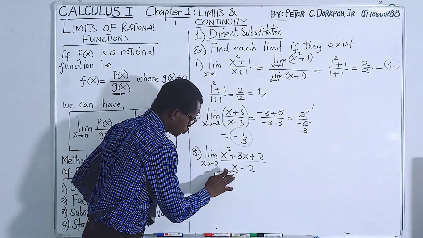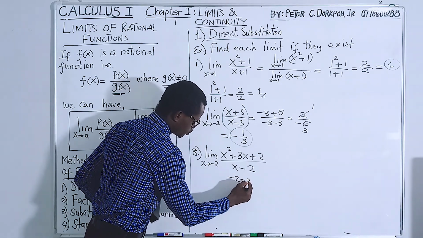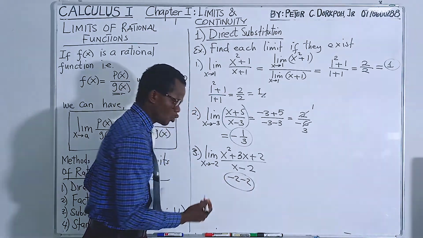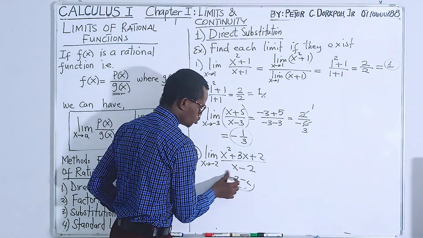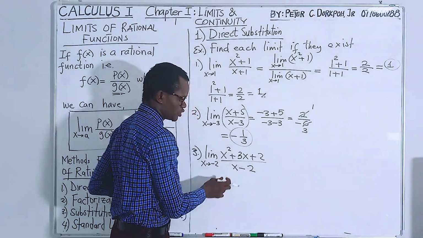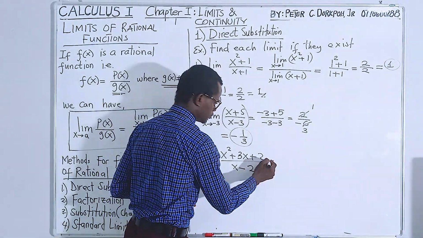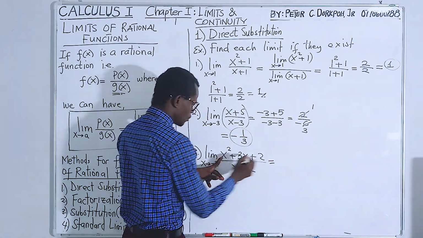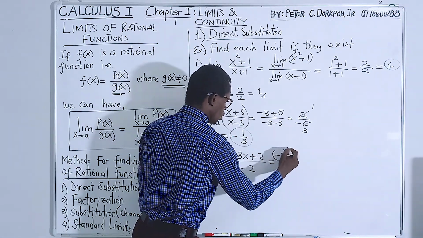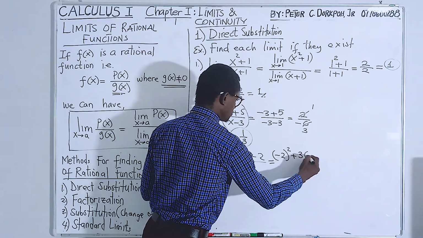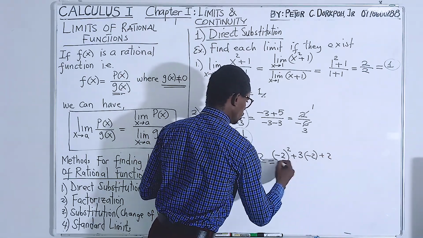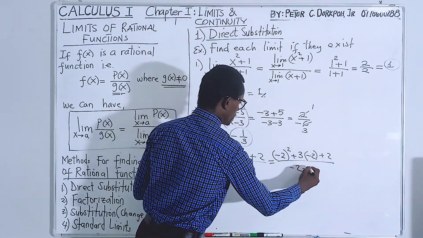If we put minus 2 right here, you have minus 2 minus 2. Can this give you 0? No. So we don't have to use any other method; we just use the direct substitution method. So we replace x with minus 2: minus 2 all squared plus 3 times minus 2 plus 2, divided by minus 2 minus 2.